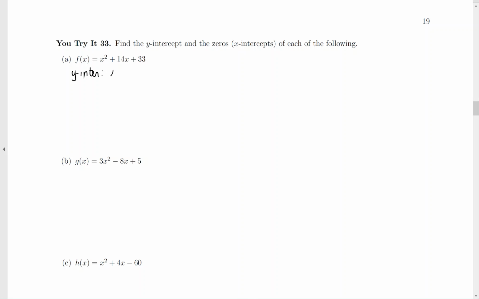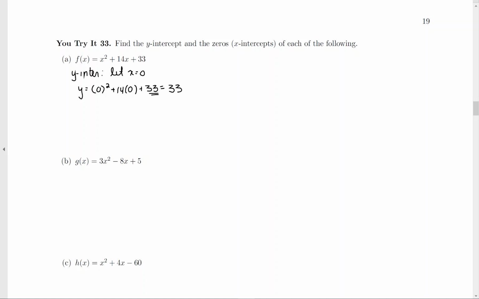To find the y-intercept, you let x equal 0 and solve for y. So I'm going to change f of x to y equals, substitute in 0 for x, so 0 squared plus 14 times 0 plus 33. And what we're going to see is our answer comes out to be the constant 33.